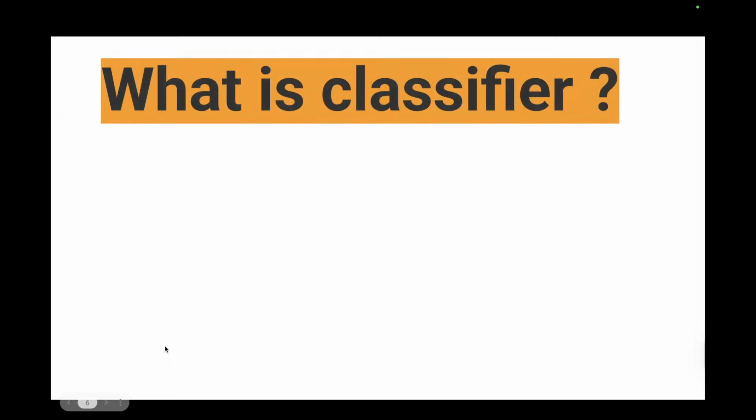Now, what is the classifier? Basically, in Google Earth Engine, we find some ready-made machine learning algorithms. This type of ready-made machine learning algorithm is called a classifier in Google Earth Engine. A classifier is one kind of algorithm which we implement on our data set.